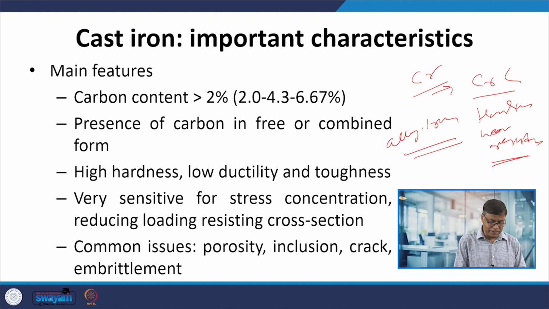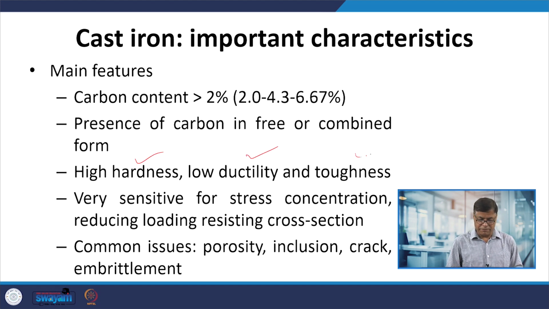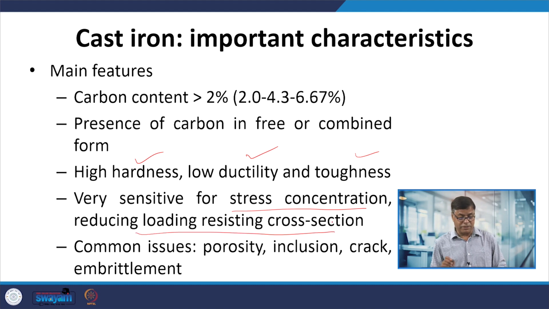The carbon content and the chromium content can vary significantly in these systems. High hardness, low ductility and low toughness make the cast iron extremely sensitive to stress concentration. If there is any defect, it reduces the load resisting cross sectional area.